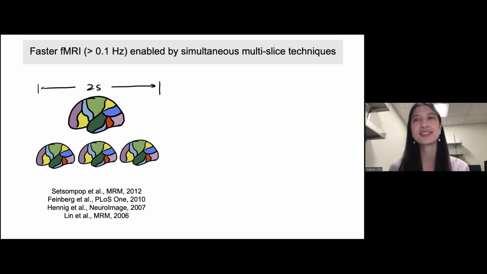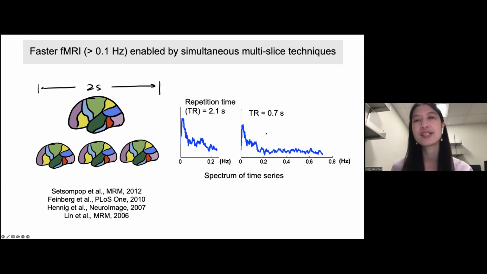The question is whether, as a consequence of faster sampling, you will have elevated power at higher frequencies. For instance, when you change the sampling rate from 2 seconds to about 0.7 seconds, in addition to better temporal precision, you will also see that lots of information in the higher frequency band got revealed.